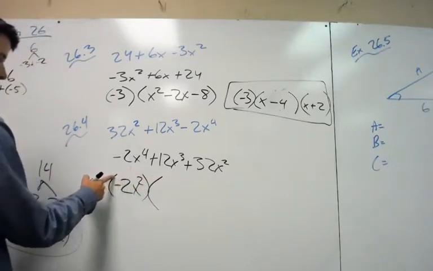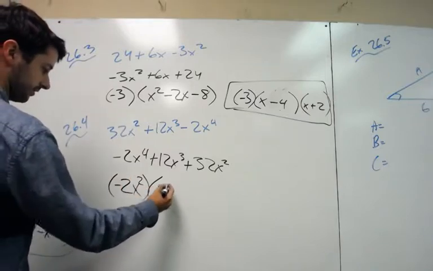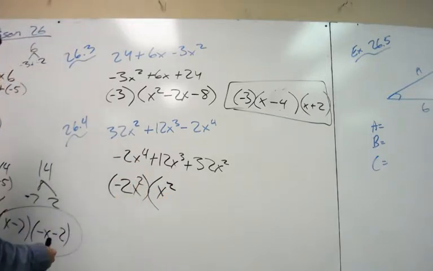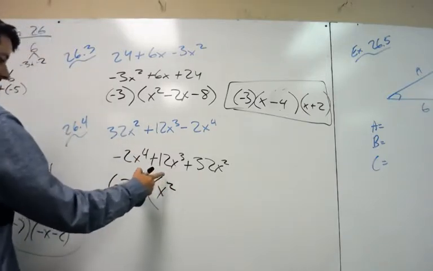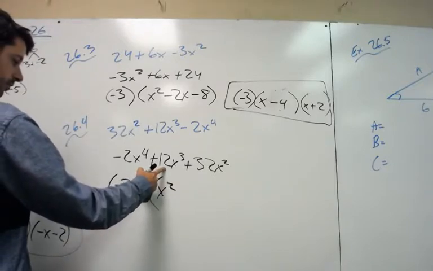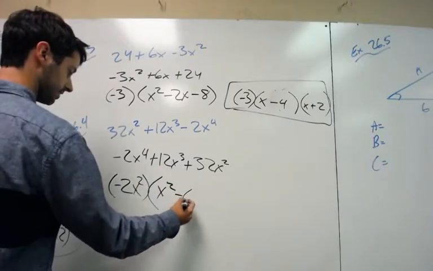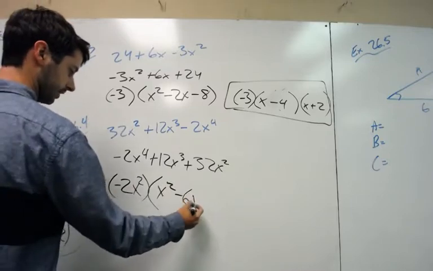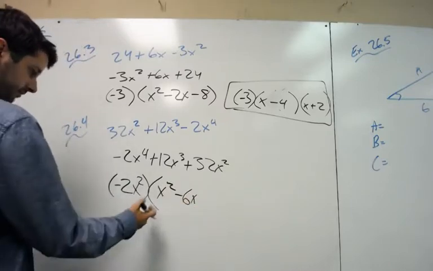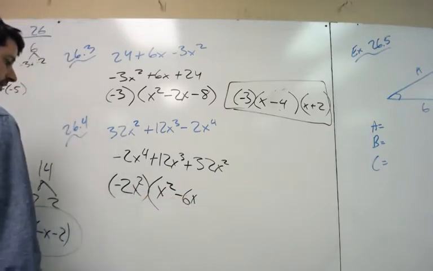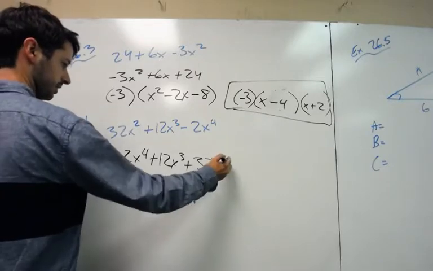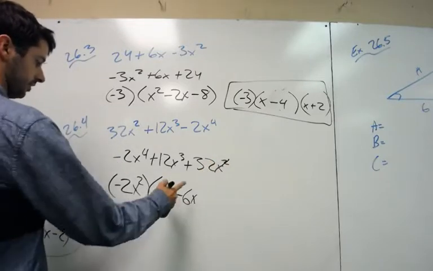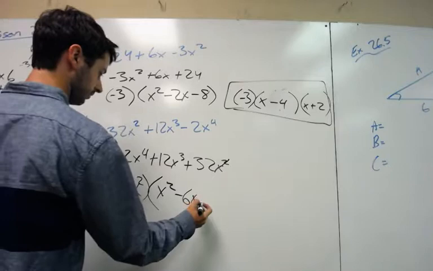Took out negative 2x squared here, so we're left with positive x squared, which is what we want every time. Took out negative 2 from 12, so minus 6, and we took out 2 x's, so we're left with 1x. 1x is what we want there, and then the x squareds here cancel. 32 divided by negative 2, negative 16.